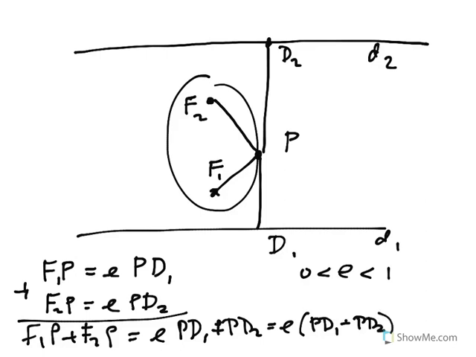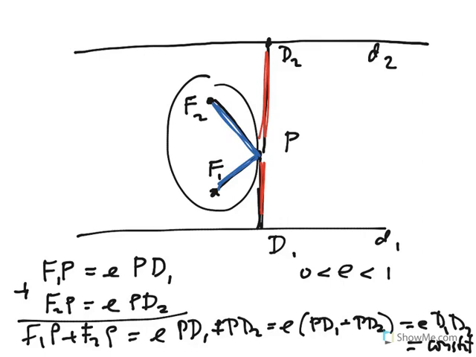But notice PD1 and PD2 together add up to whatever D1D2 is, which is a constant. I'll just say E D1D2, which is constant. So that's why the focus directrix definition leads us to the fact that for any point on the ellipse, the sum of the distances to the two foci is some constant.